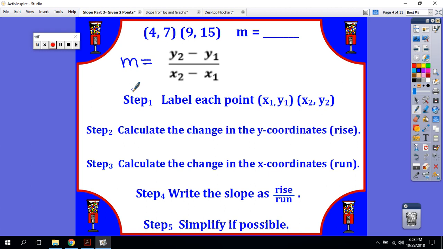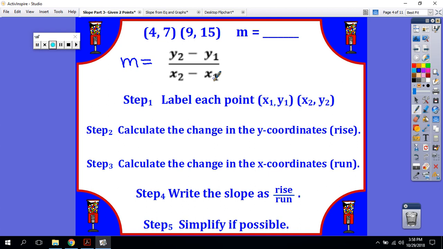If we're given a graph, we do rise over run. If we're not given a graph, but they give us 2 points, we use this formula, y sub 2 minus y sub 1 divided by x sub 2 minus x sub 1. All right, now notice I'm saying sub, not meaning exponent.